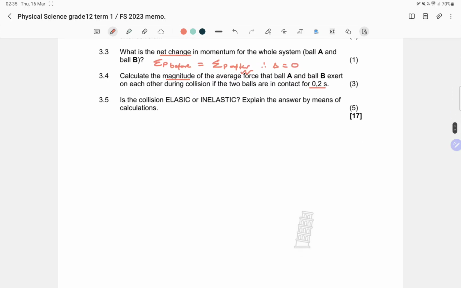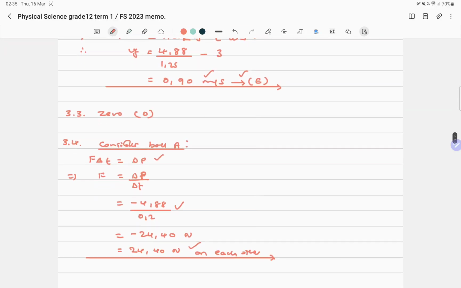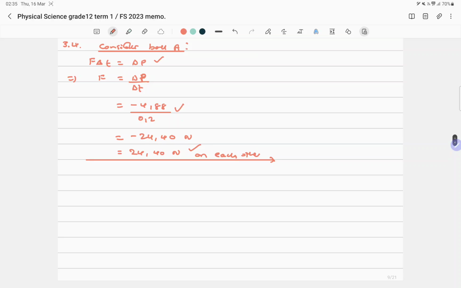So the next question says, is the collision elastic or inelastic? Explain the answer by means of calculations. So this is easy. 3.5, we can say now the sum, oh no, let's not write too much English. The sum of EK before is going to be equal to half into 0.75, here you can just jump in.